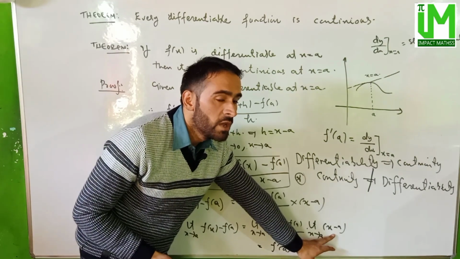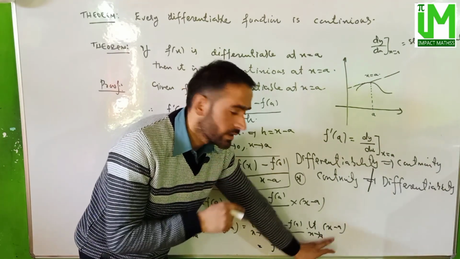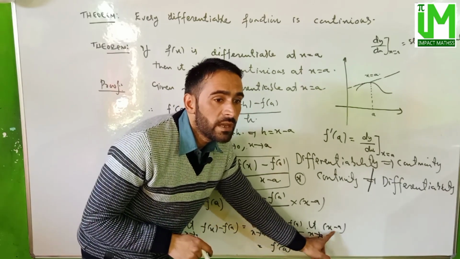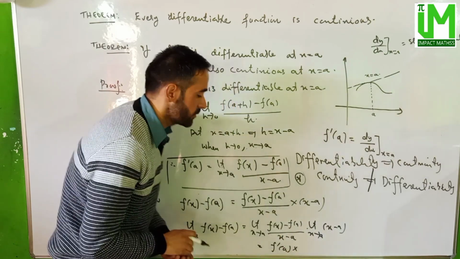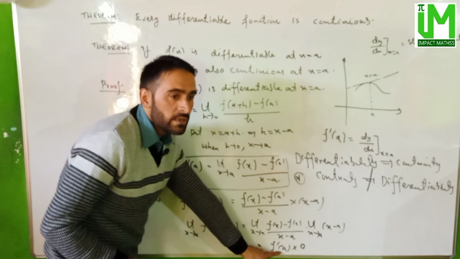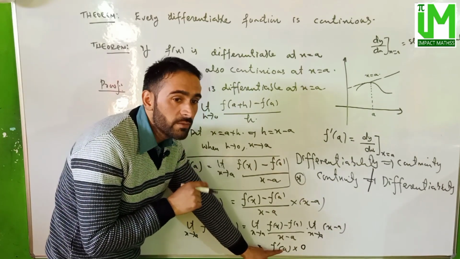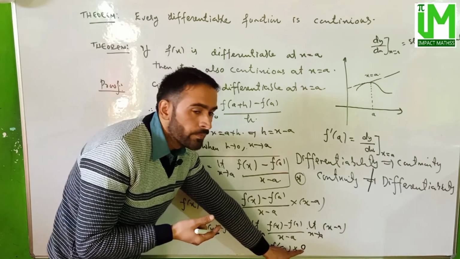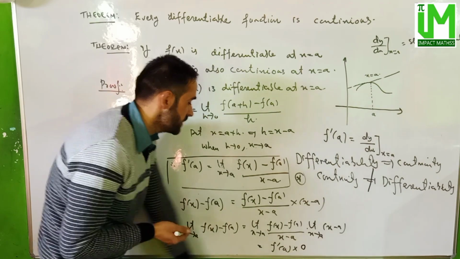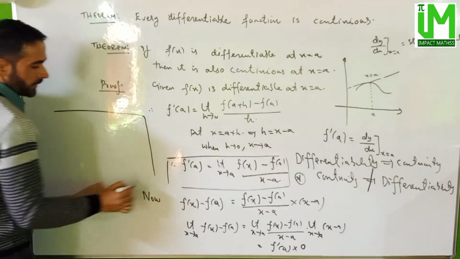Since x minus a is a polynomial function, we can directly use the limit here because it is not undefined. Putting x equal to a, a minus a will be 0. So f dash of a is a constant, because we are differentiating at a, so f dash of a into 0, and the value is 0.